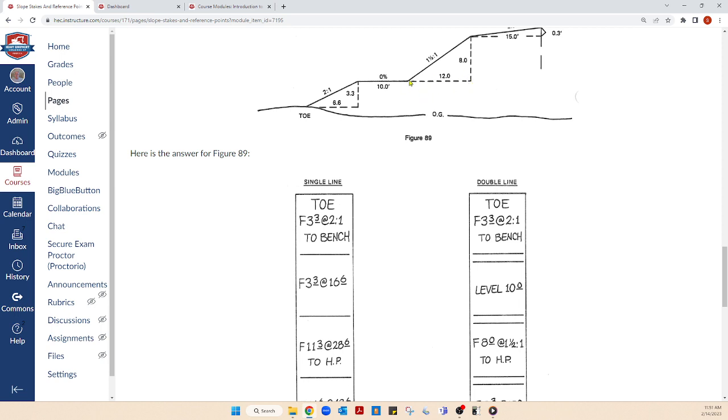So 12 and 10 is the 16.6, and then this 6.6 puts us at 28.6, and the 8 and the 3.3 right here gives us our 11.3. So now all this gives us that.